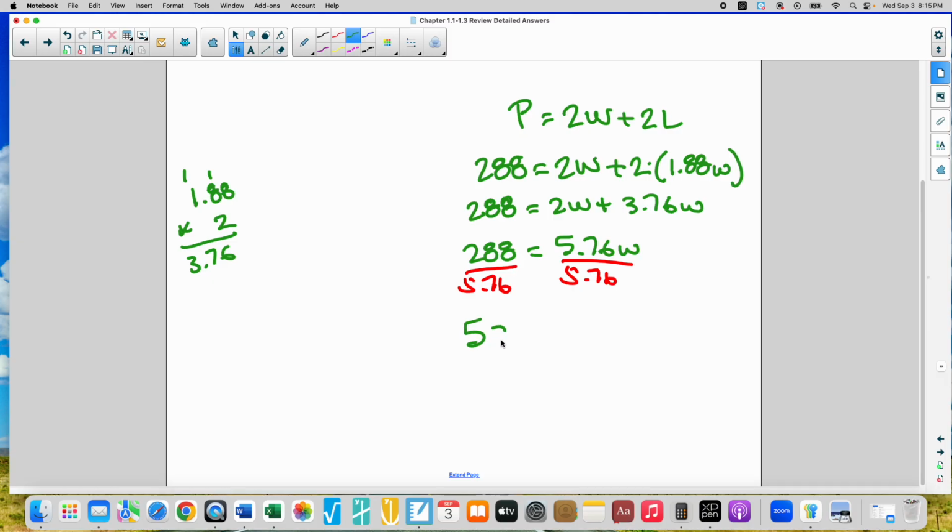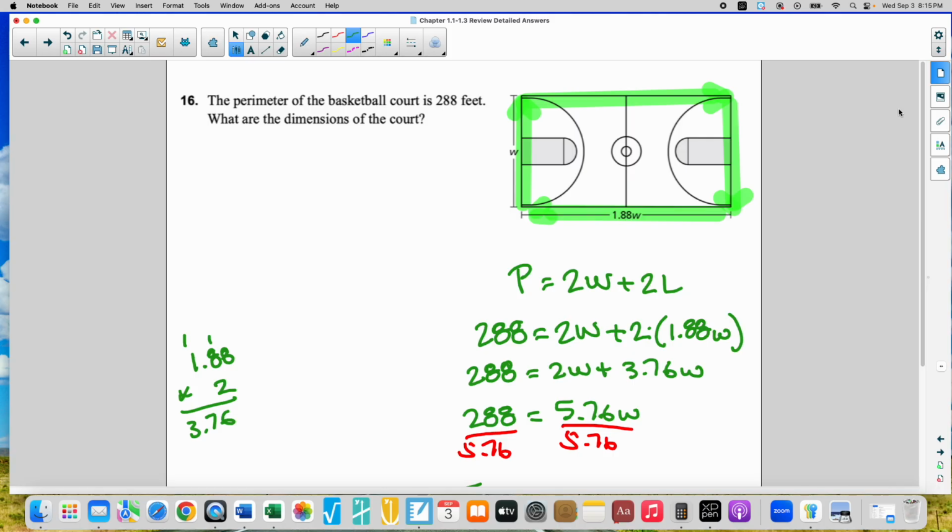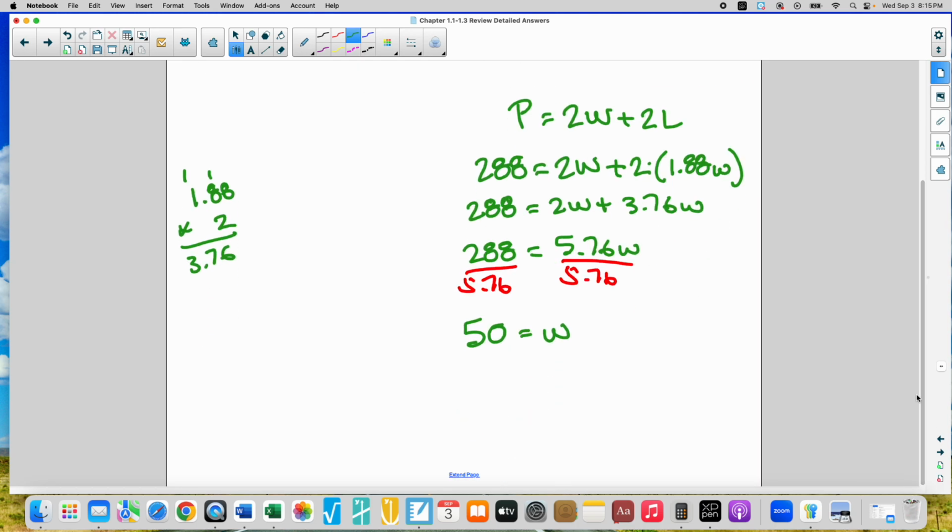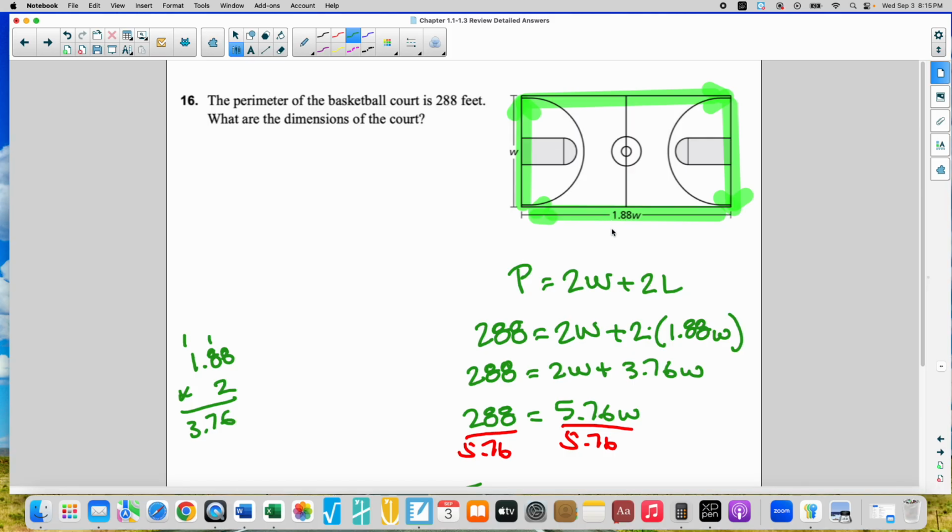I'm loving that answer. So 50 equals W. Now, does that answer the question? What are the dimensions of the court? No, that doesn't answer it. That's just the width value. And it's feet, so the width is going to be 50 feet. And we know that the length, this is L, equals 1.88W.